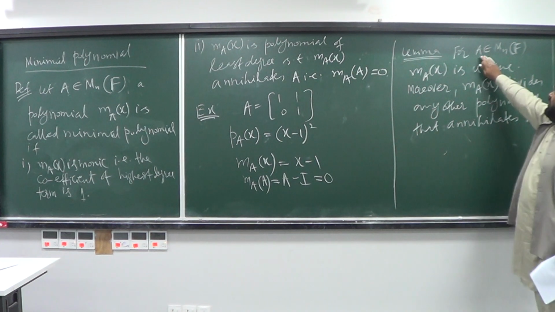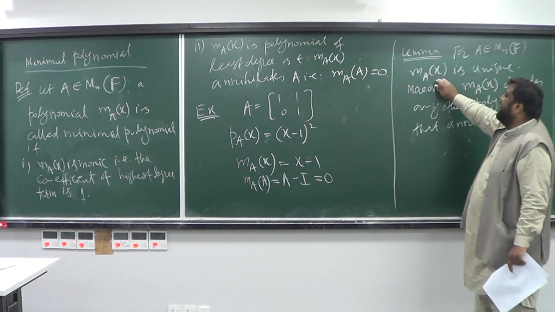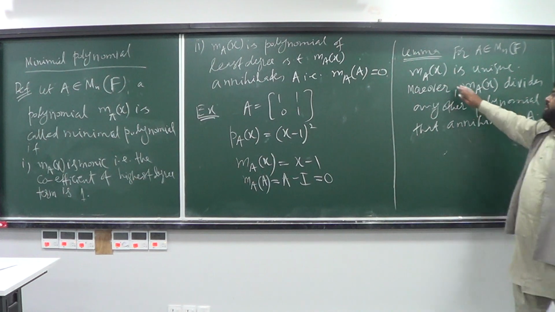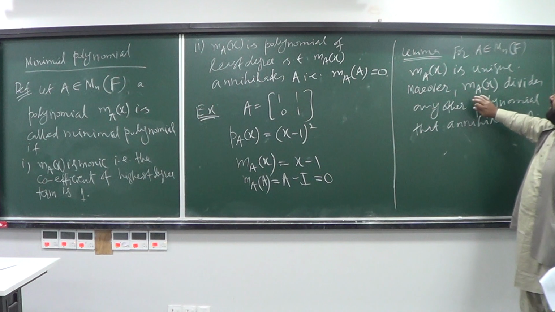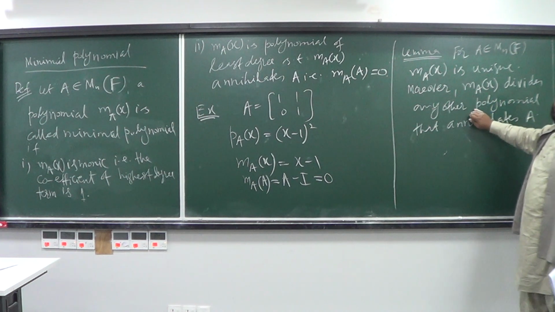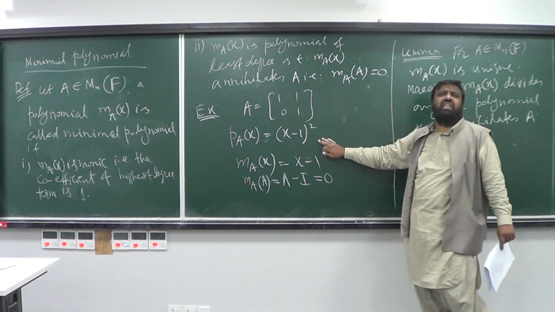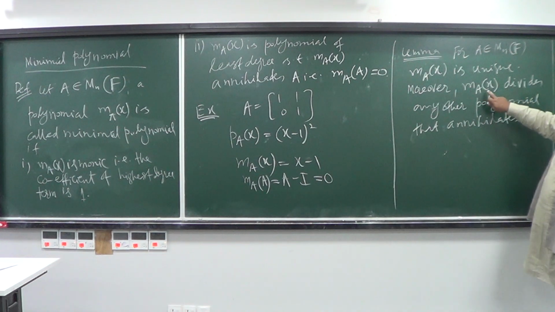Imagine you have a square matrix A, and M_A of x is its minimal polynomial. This minimal polynomial is unique. Moreover, if you take any other polynomial that annihilates the matrix A, like the characteristic polynomial or any other polynomial, then the minimal polynomial must divide such a polynomial.